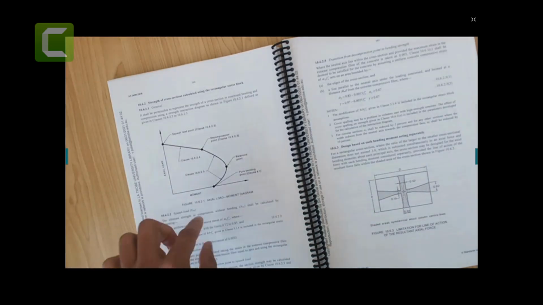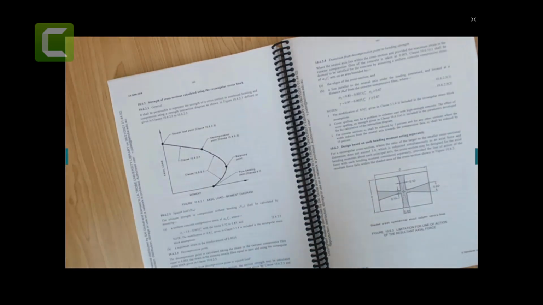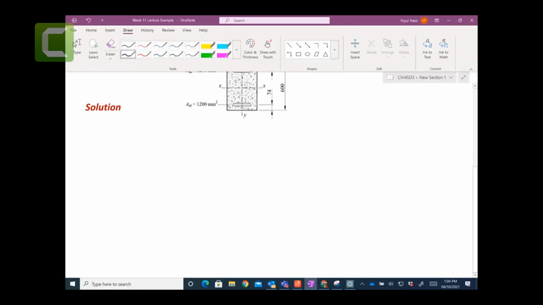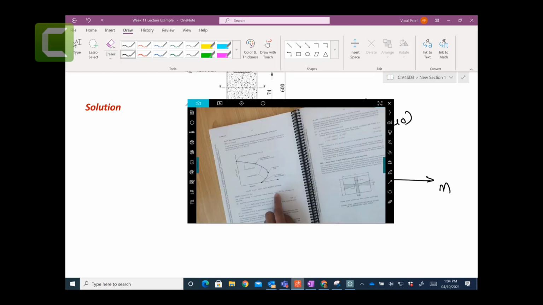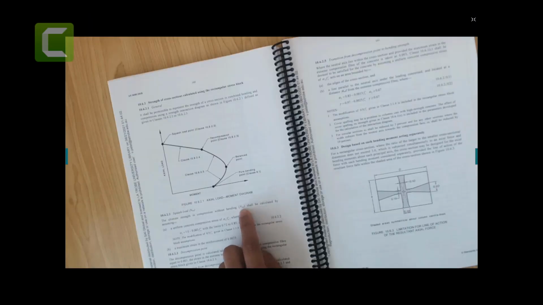It does not tell us this equation here, but they ask you to identify yourself without bending, and that is denoted by NUO. So basically we have this load moment curve, and this first point is 0 moment. This is, by the way, 0 moment, and NUO is the name of that squash load.